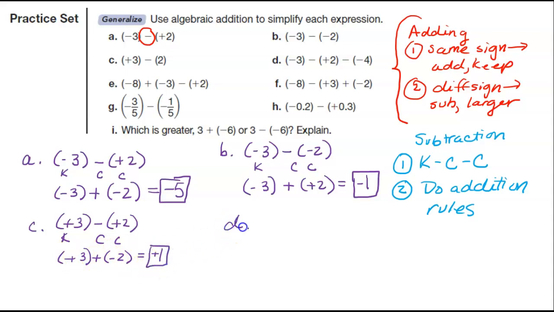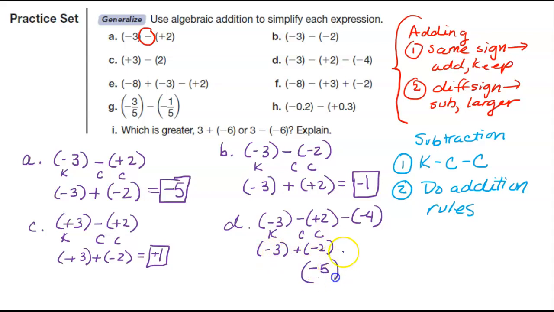And I think I can fit D on here. Okay, so this has more than 2, my bad. So I'm going to keep, change, change, -3 plus -2. So these are the same sign, so 3 plus 2 is 5, and I keep the sign. And then I'm going to bring all of this down.